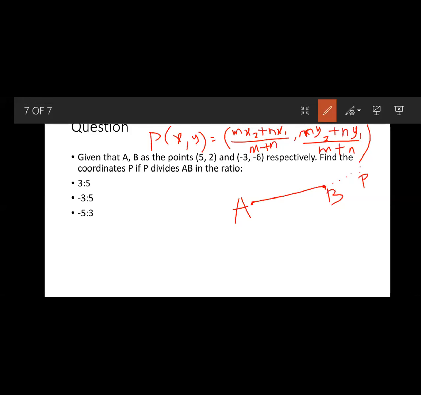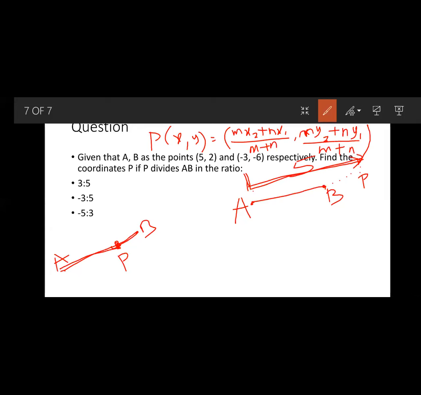So this could be 5 to -3, for example, or 5 to -2. Just like in the other case where we have AB and P divides, we are particular about P to A, then P to B. So here too, it will be P to A, P to B. If they say the ratio is 5 to -3, for example, it means from A to P is 5.